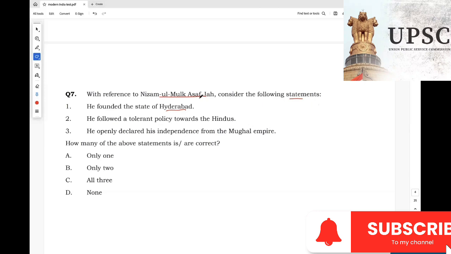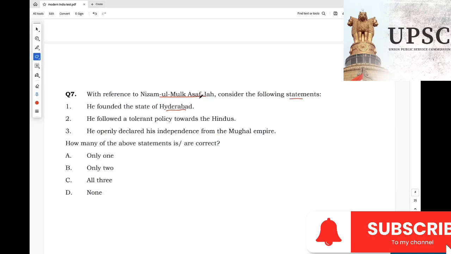Sindh, that is Pakistan, also had a Hyderabad city, and that was the capital of Sindh. But when we talk about this Hyderabad, this was a state. Hyderabad state, Hyderabad city. Over there, it was Sindh state and Hyderabad capital. So that's a basic difference.